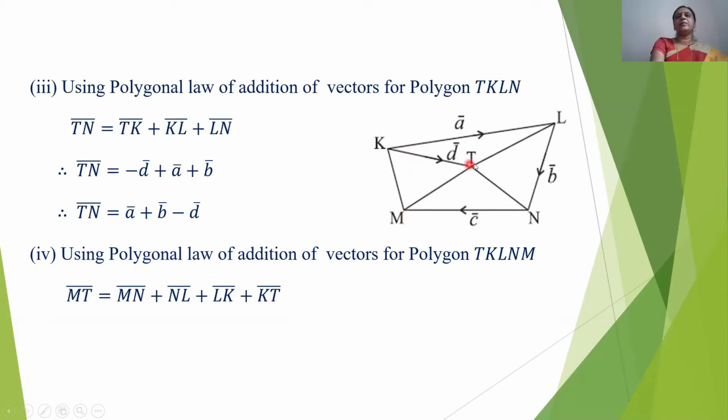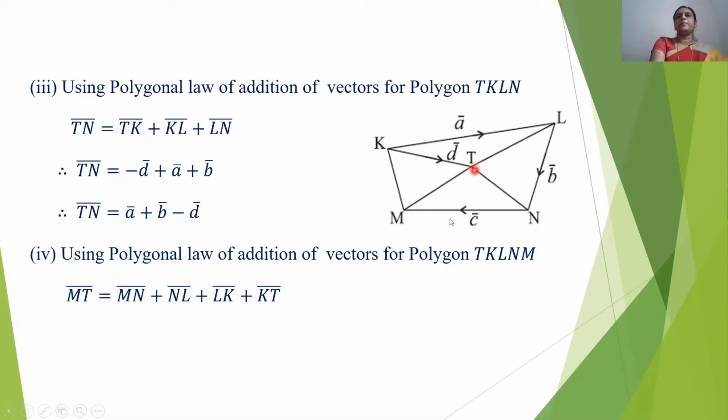Here we are going from M to T. This is initial point, this is terminal point, or this is tail and this is head of this vector MT bar. Now we have to reach from point M to T. Then another method is how to reach at point T. See here, MN bar, NL bar, LK bar, KT bar.